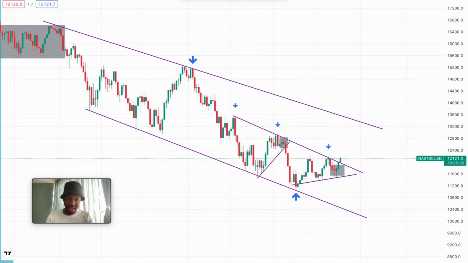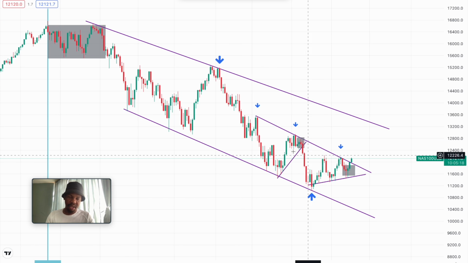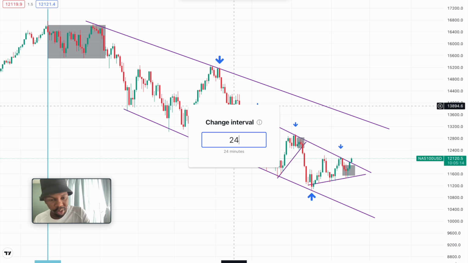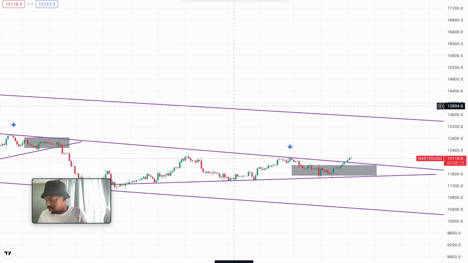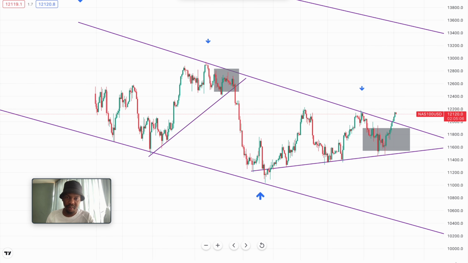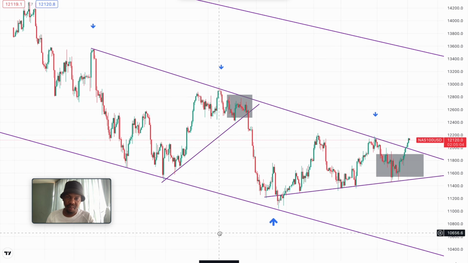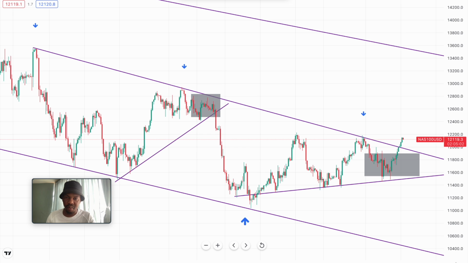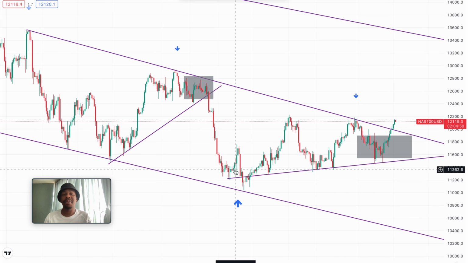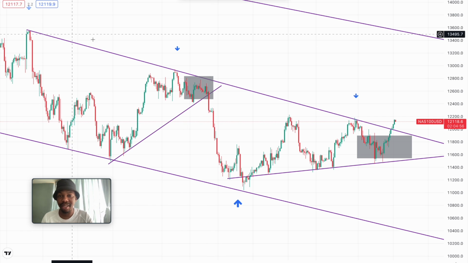All right, but the thing is now on the H4. All right, let's go to the H4. So this is what's going on in the H4. We had a smaller structure within that structure, right, which was this trend line.